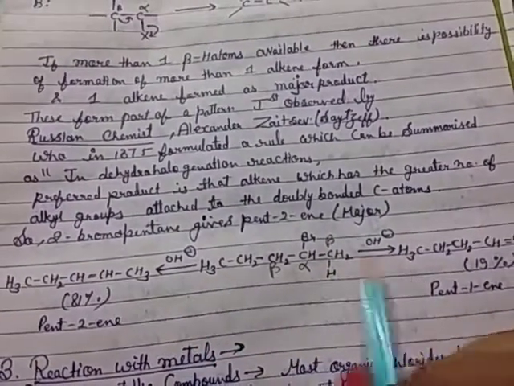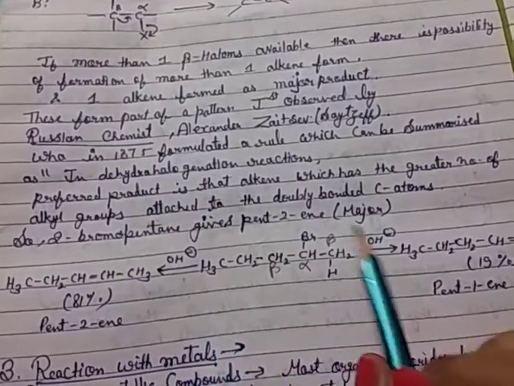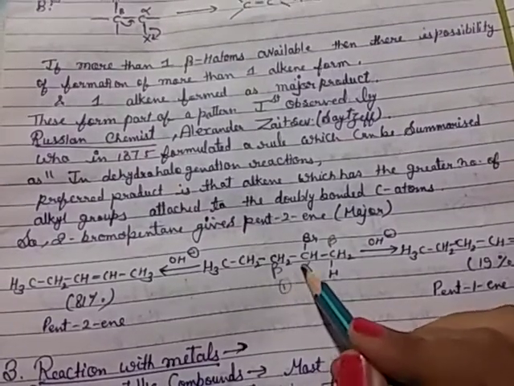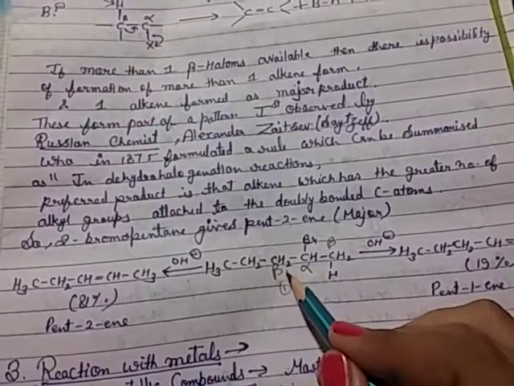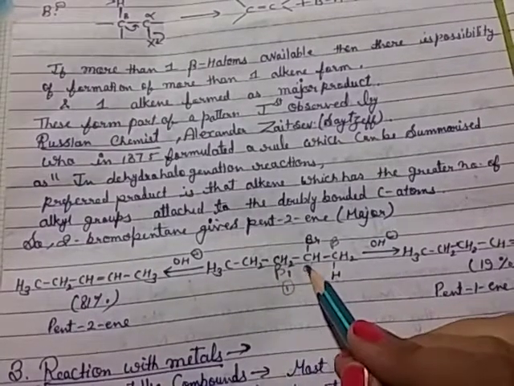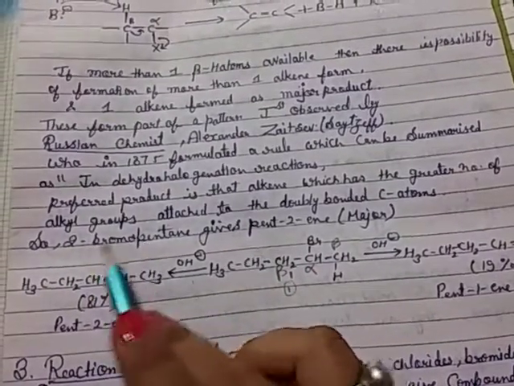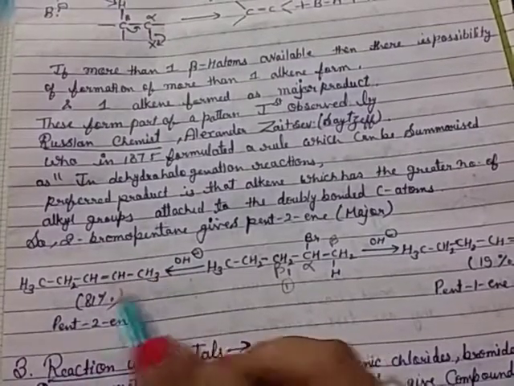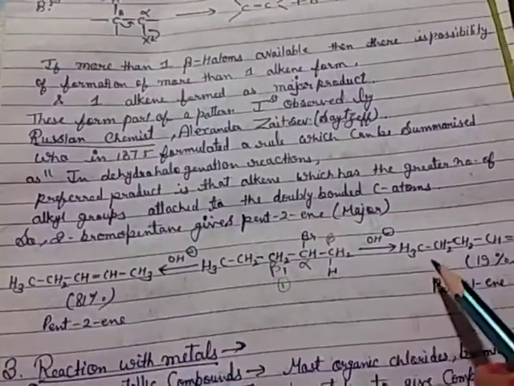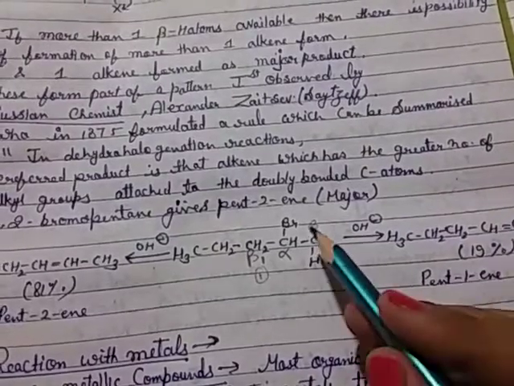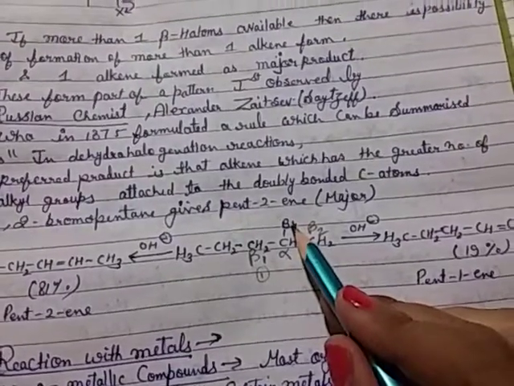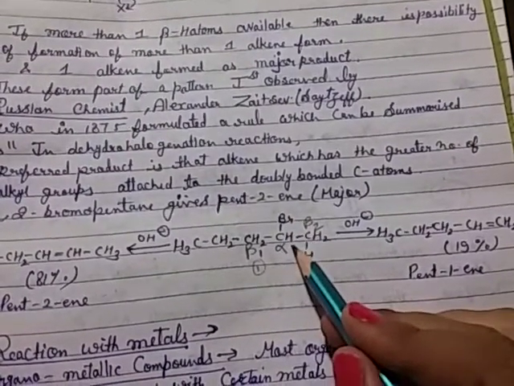On the first side, with the halogen at the alpha position and hydrogen at the beta 1 position, H and Br are eliminated and a double bond forms. This compound has five carbons, with the double bond at the second carbon, so pent-2-ene is obtained, 81%. On the other side, the hydrogen at the beta 2 position and the Br at the alpha position are eliminated as HBr, and the double bond forms after the first carbon.